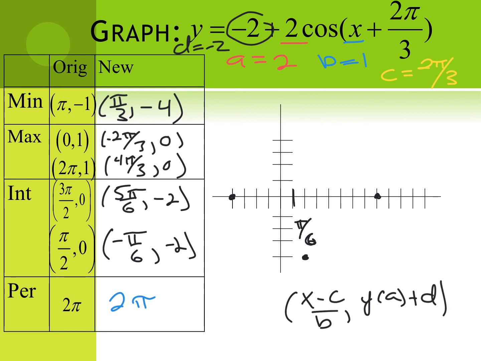Put a dot. Then we have 5 pi over 6, comma negative 2. And we have negative pi over 6, comma negative 2. When I go ahead and connect my dots, I now have my cosine function.